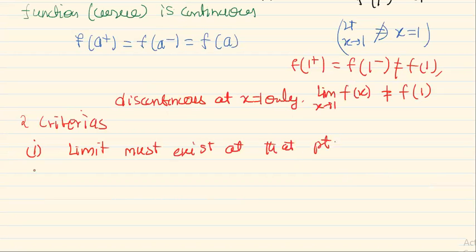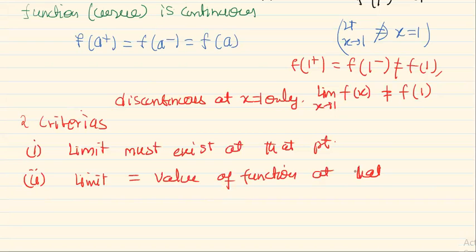And the second thing, limit should be equal to the value of the function at that point. Okay, so in the limit chapter there was one criterion, LHL is equal to RHL, but in continuity there are two criteria. Then we will discuss the types of discontinuities, because it may happen that LHL is not equal to RHL.